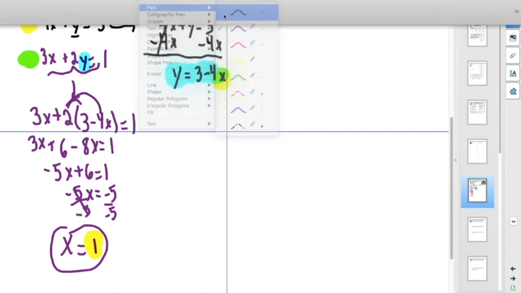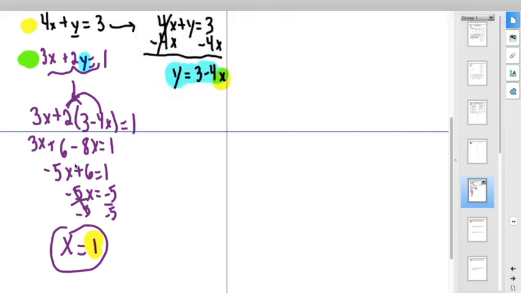So y equals 3 minus 4, and again, x is 1, so I'm multiplying by 1. So y equals 3 minus 4, so y equals negative 1.